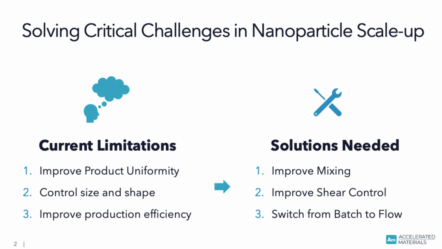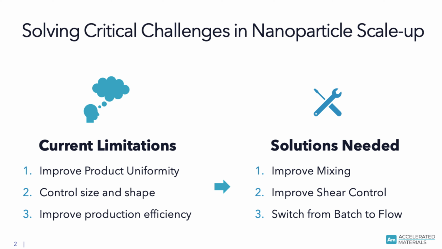right, so nanoparticles, why are they difficult? And we see there are a few critical challenges when you think about nanoparticle scale-up from a technical sense. So currently, most people experience issues with, number one, product uniformity. Product uniformity is very important for improving, let's say, performance in applications from better batteries to better cancer medications to better semiconductor devices.